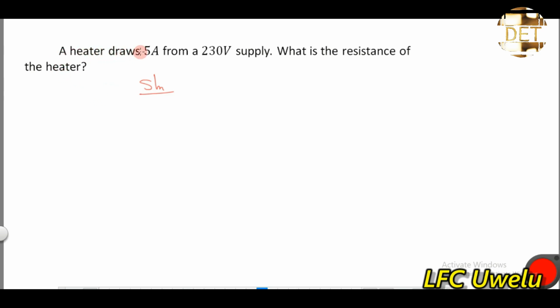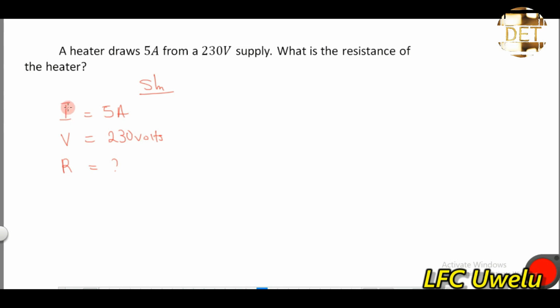A heater draws 5 amperes, so the current is 5 amperes. From a 230 volt supply, that tells us that the potential difference is equal to 230 volts. What is the resistance of the heater?